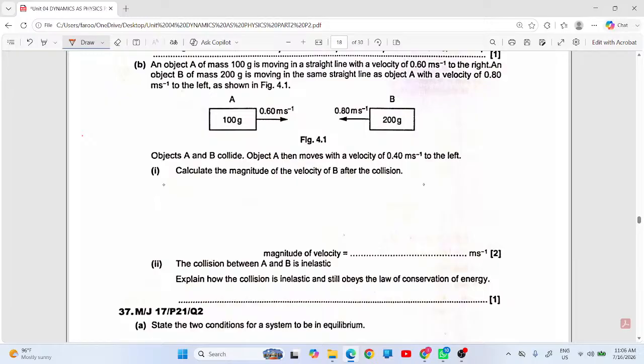So momentum before equals momentum after the collision.